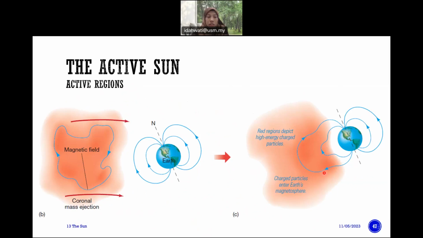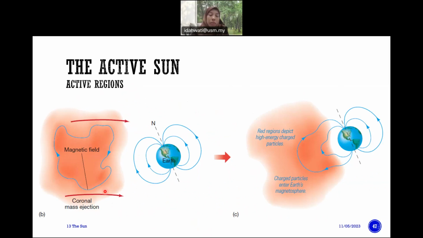Okay, we can see also in this illustration, we have the Earth here. Okay, when the CME happens, the magnetic field in the CME area will be pulled from the sun to the Earth.